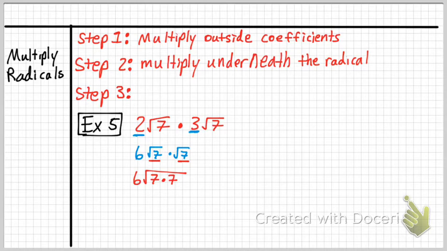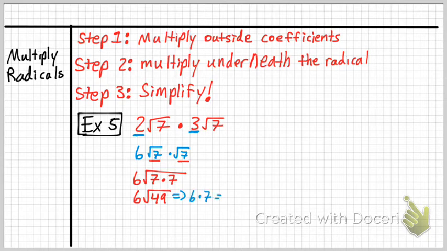And this is going to become 6 times the square root of 49. And obviously this will turn into something. So from here, we want to simplify. So right now I have 6 times the square root of 49, but I also know that the square root of 49 is just going to be 7, so this is 6 times 7, and so this is going to be 42.